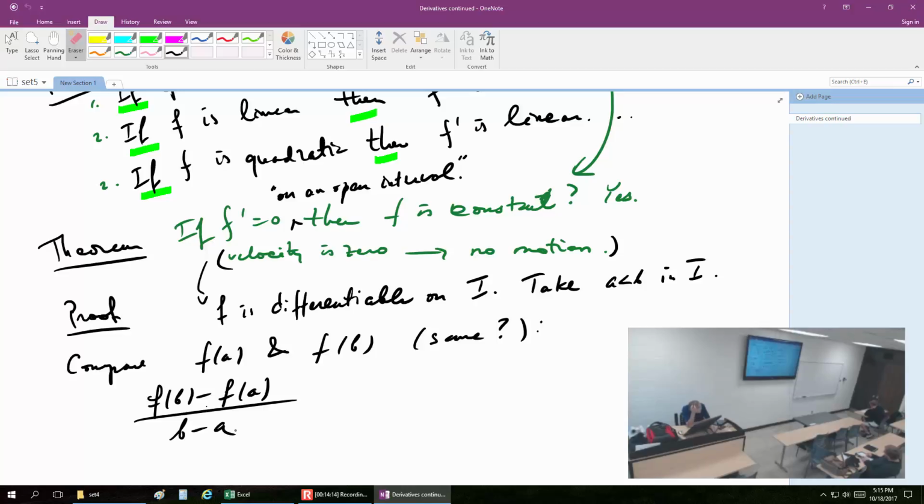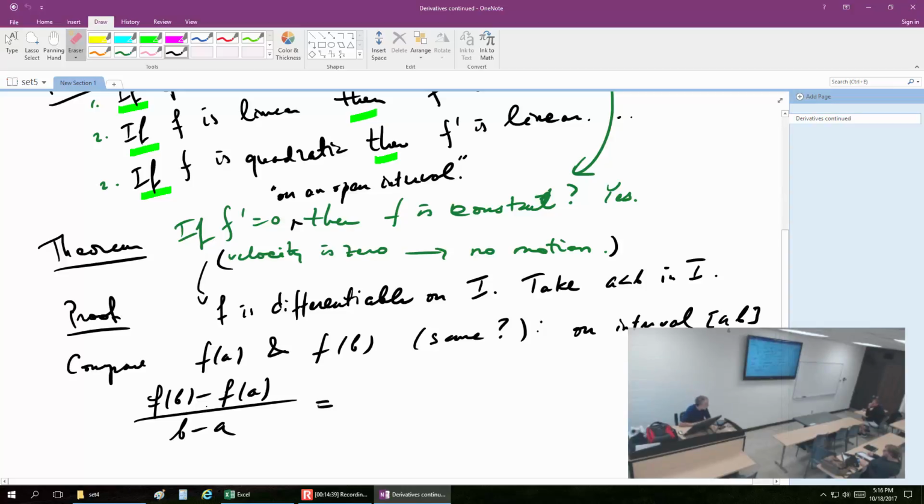So on the interval ab, the conditions of the mean value theorem are satisfied: the function is differentiable and continuous.